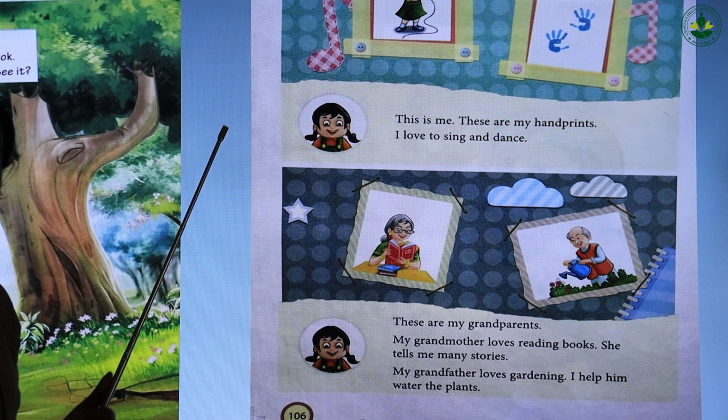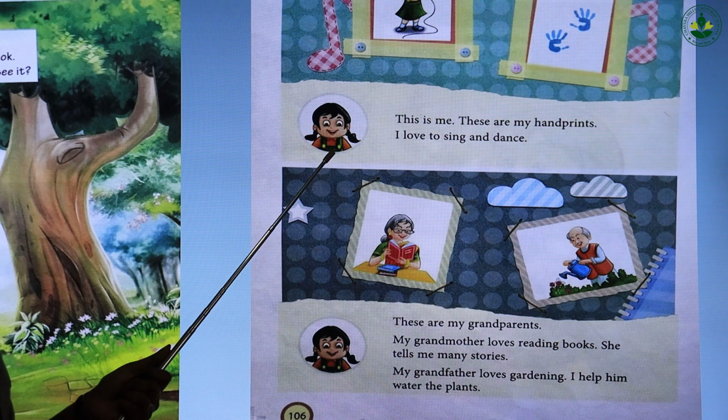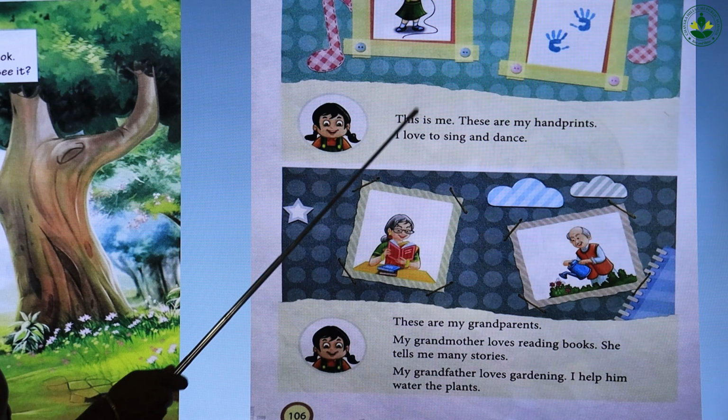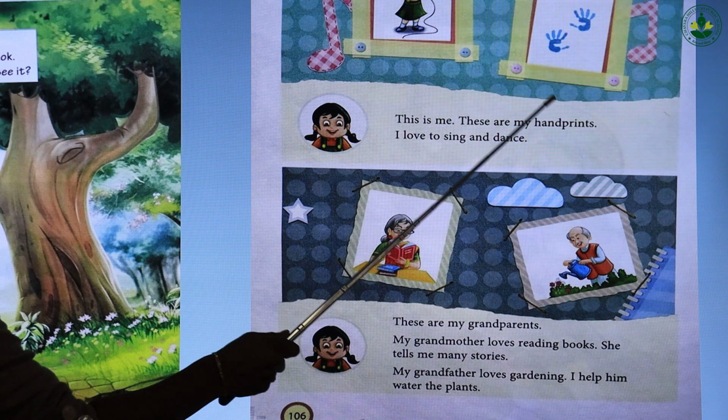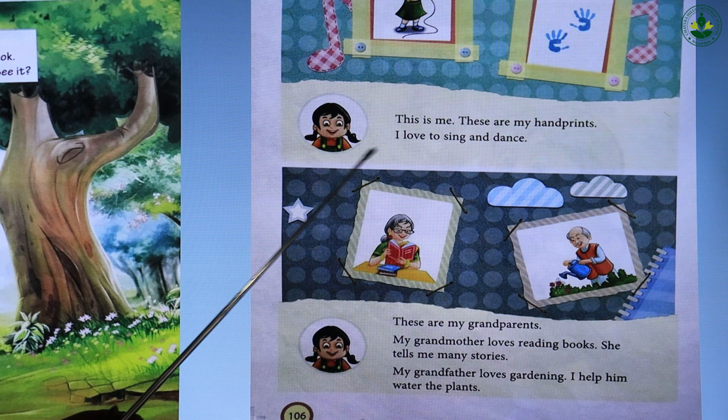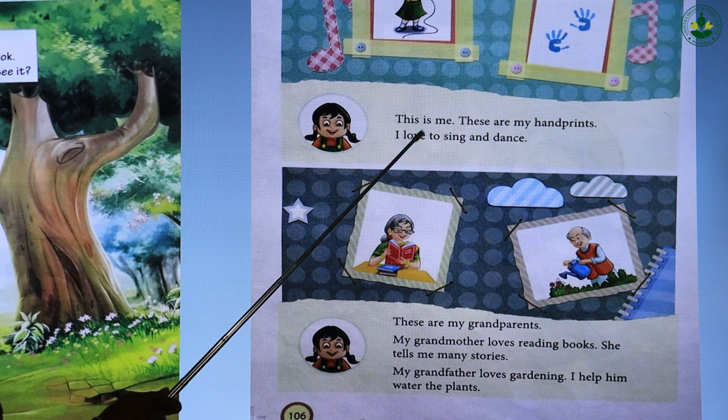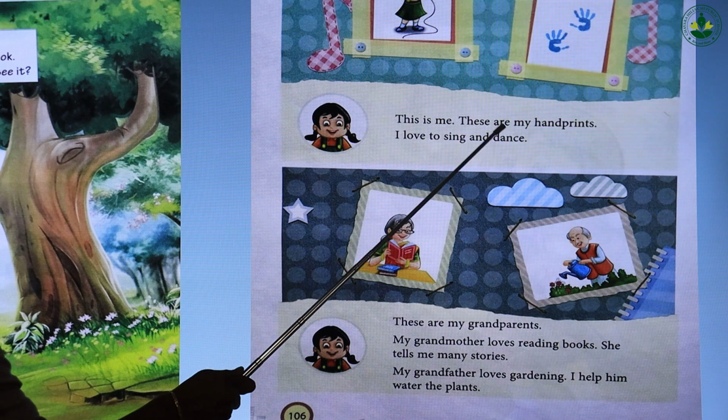Hello children, are you reading with me? Read with me. This is me. These are my handprints. I love to sing and dance.